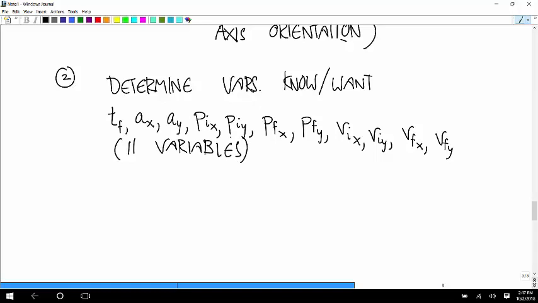So it's a little more of a bookkeeping issue, but it's the same idea. We're just going to go through those one by one and figure out what we're trying to find and which ones we know.